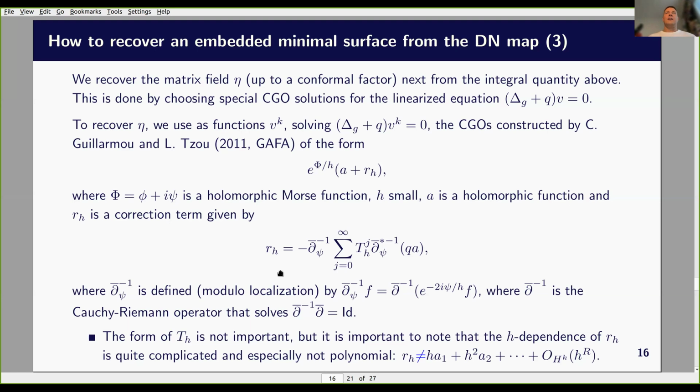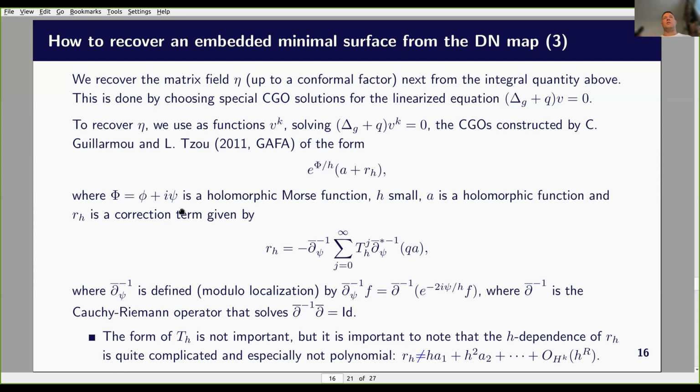It looks a little bit complicated, and you don't need to recall it. But let me try to explain what's inside it. It's in terms of these dbar_psi^{-1} type operators. We are on manifolds, so we need to somehow localize things, but it's defined as dbar_psi^{-1} acting on f, for a function f, is dbar^{-1}, and then it acts on e to the power minus 2i psi over h times f.